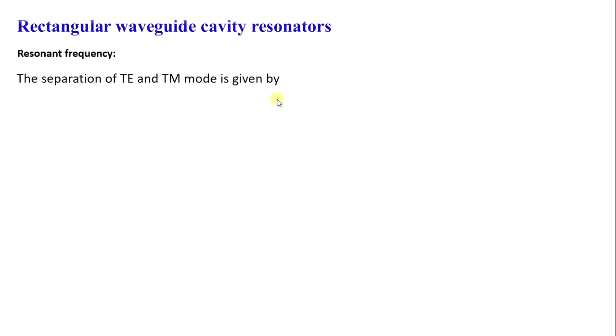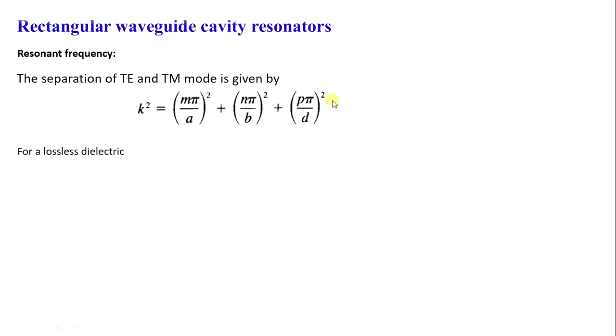The separation of the TE and TM modes is given by k squared, which is equal to (m pi by A) whole squared plus (n pi by B) whole squared plus (p pi by D) whole squared. For a lossless dielectric, we know k squared is equal to omega squared mu epsilon.